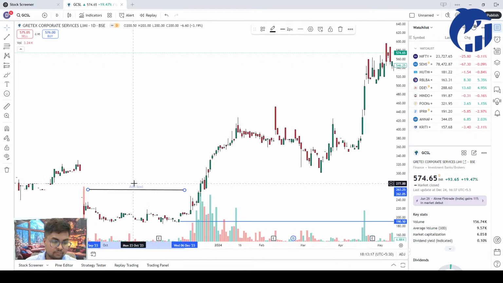We can see the covert entry has been made by the main funds, where there is a small candlestick appearing. Can you have a look at it, guys? I guess most of you are getting it right now.